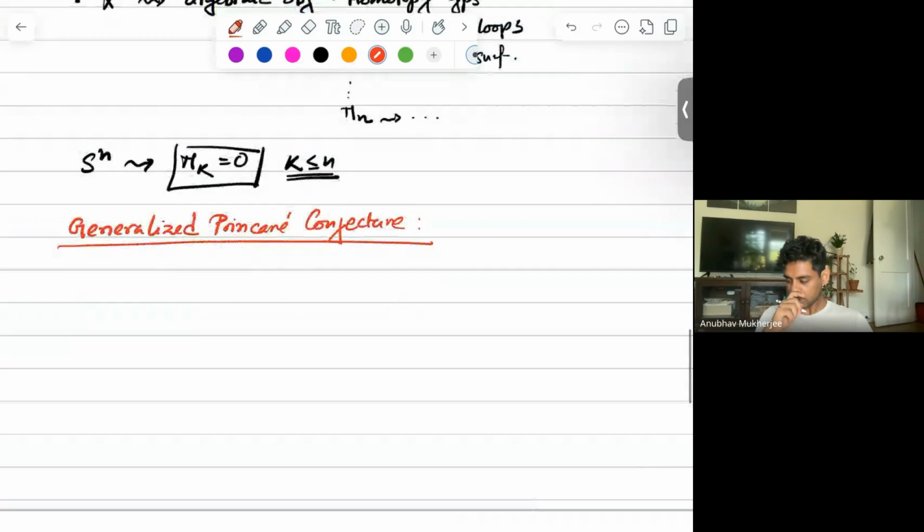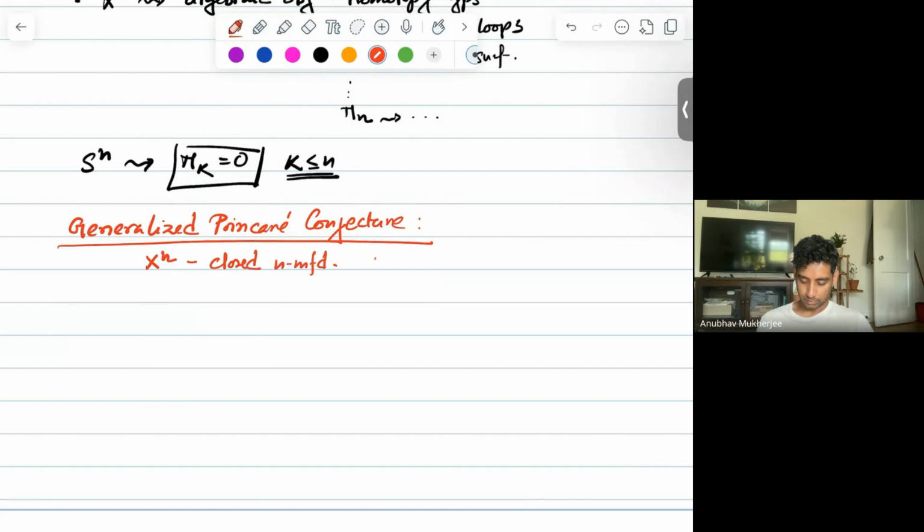What does the generalized Poincare conjecture say? It says that if you have a closed n-manifold with all these homotopy groups equal to zero, then it is a sphere. Again, this sounds like a very stupid question.